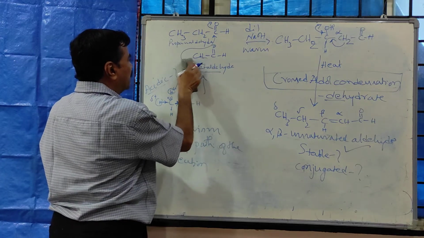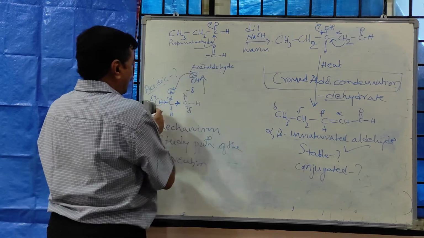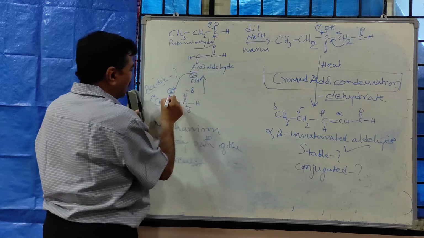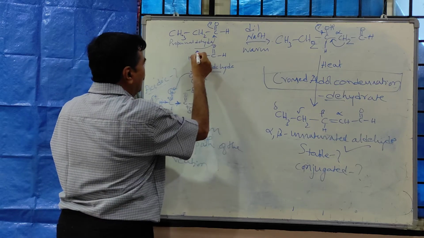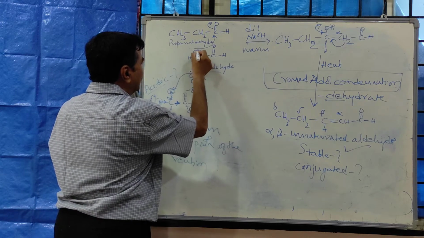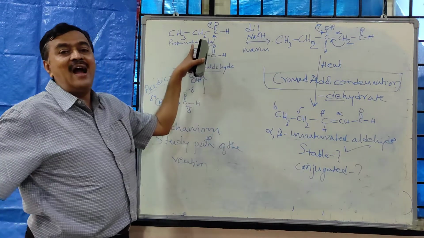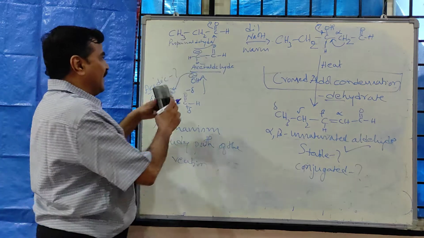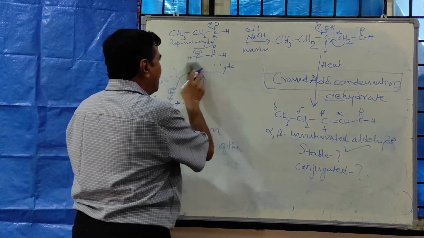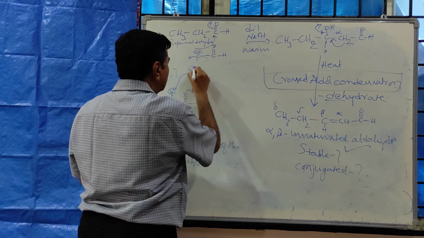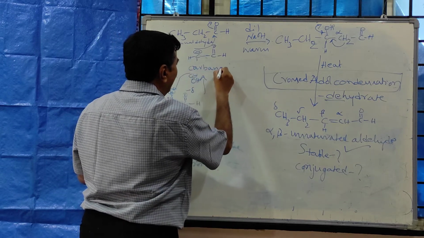Then the carbon will leave the electron on itself and hence gains the negative charge. So acetaldehyde is converted to an anion, a carbon-containing anion, hence it is called a carbanion.